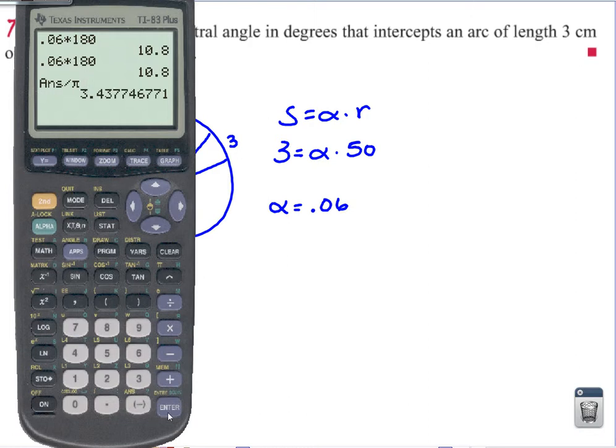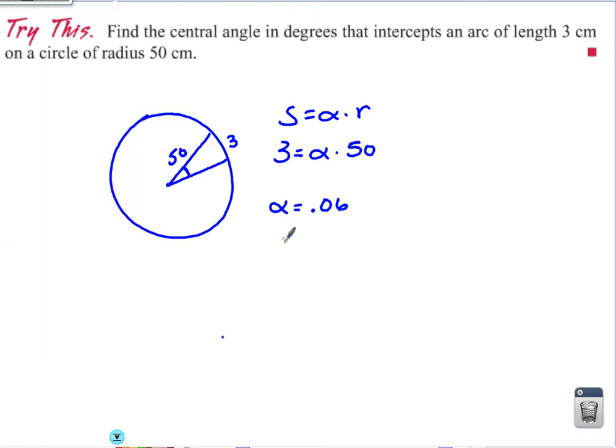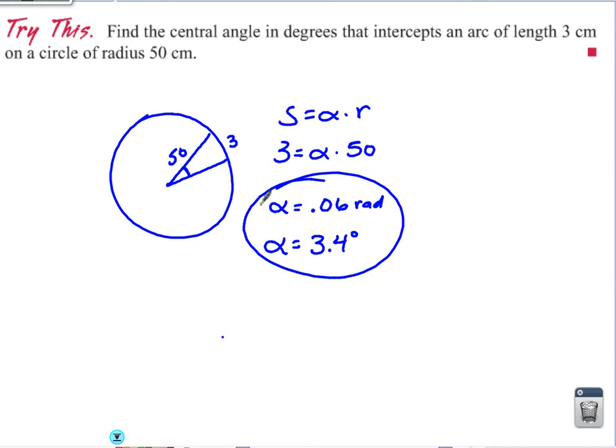So about 3.4 degrees. Very small angle. That was 0.06, which makes sense, 0.06 radians. You have such a small arc length. This long radius of 50, but such a small arc length in comparison to it. Yeah, that is going to be a small angle.